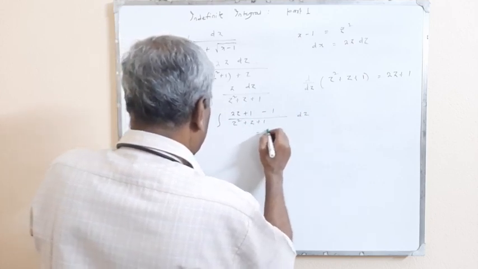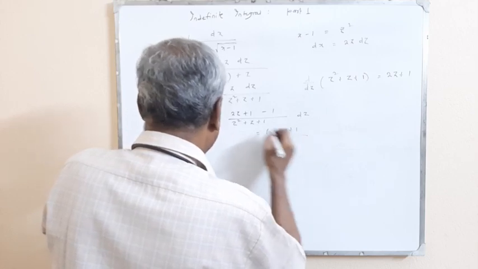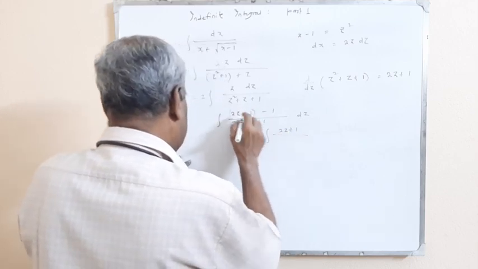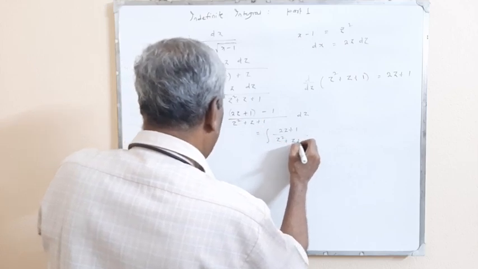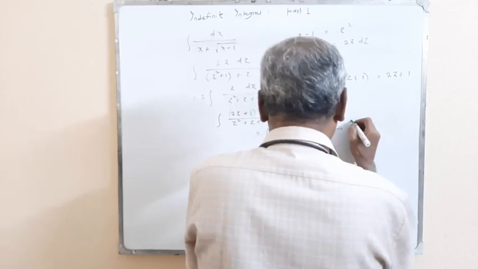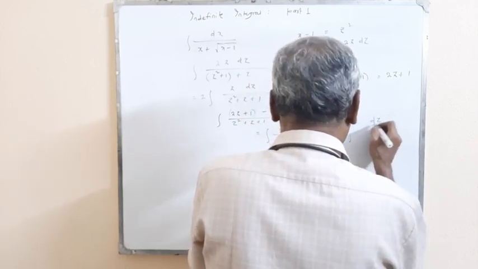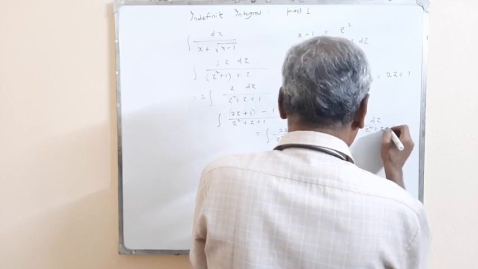So that integration 2z plus 1 by z square plus z plus 1 dz minus integration dz by z square plus z plus 1.